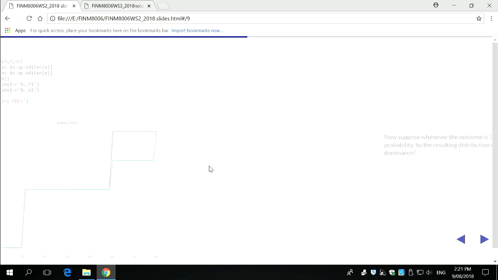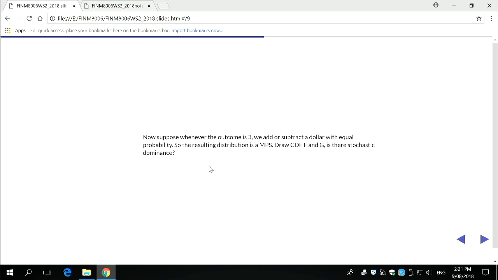Now let's change the game a little bit. Let's say now, whenever the outcome is $3, I'll either add $1 or subtract $1 with half-half probability. Which one would you prefer? That means whenever the outcome is 3, the actual outcome will be either 2 or 4 with half-half probability.